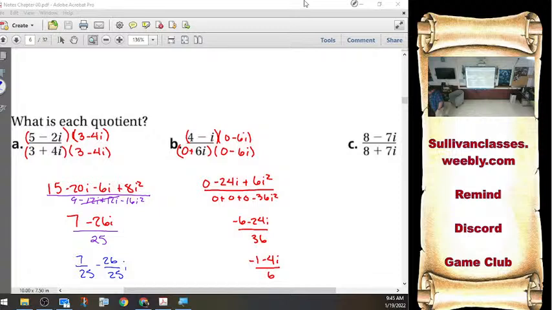Where'd I go wrong on B? You multiplied by the complex instead of negating 6i. Okay. I don't need a 0 because zeros times things are still zeros.